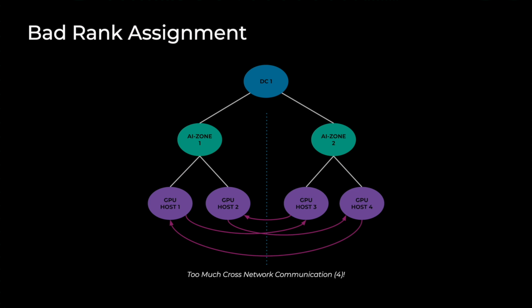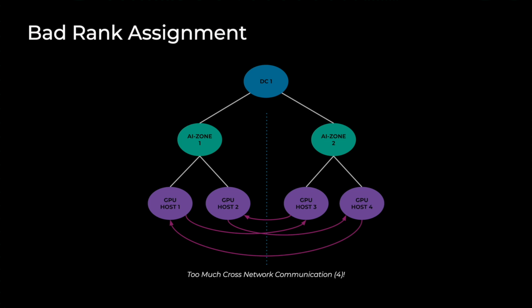So what happens if we don't do this? This diagram here shows you a bad example of rank assignment. Here in this example, we have two different AI zones, and we have 4 GPU hosts, 2 in the first AI zone and 2 in the second AI zone. Since we haven't worried about rank assignment, here we can see that GPU hosts 1 and 2 are making several hops in order to communicate with GPU hosts 3 and 4.